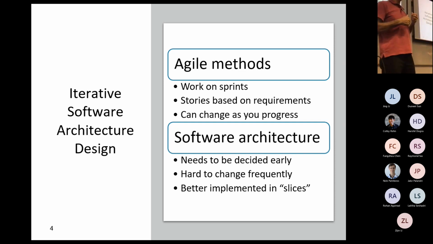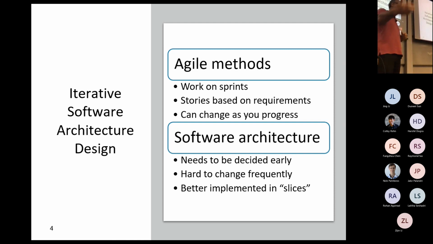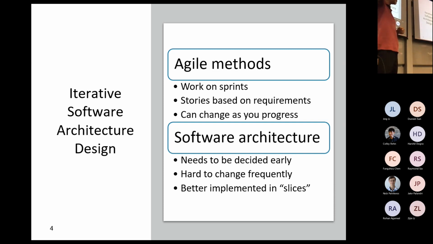On the other hand, we're saying you have to do the coding before you have the architecture. I always found that agile methods and architecture on the surface don't seem to work together. However, you have to learn how to do your design as you do your implementation in agile methods.